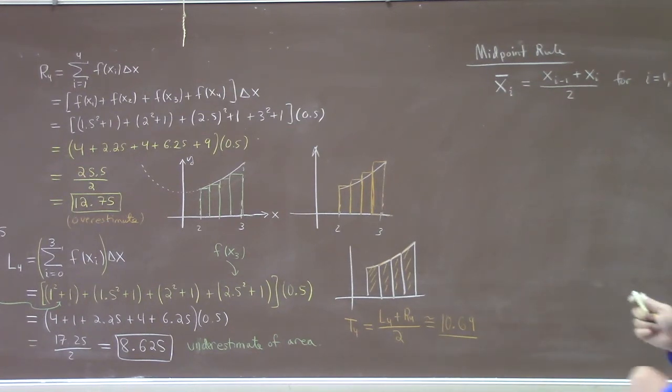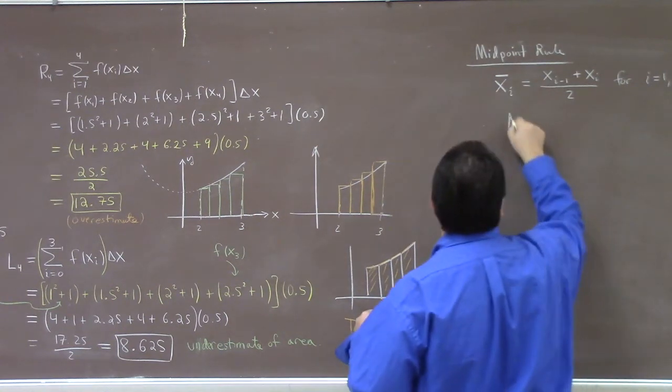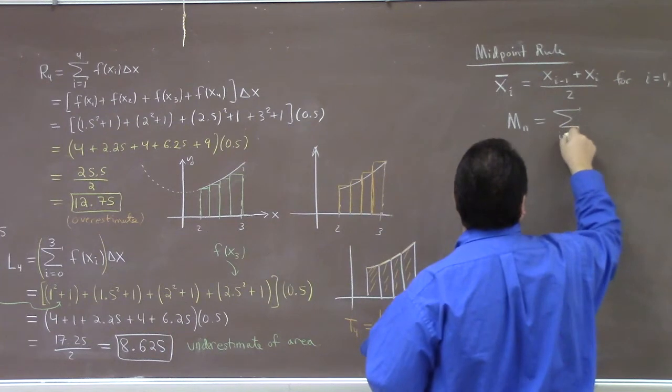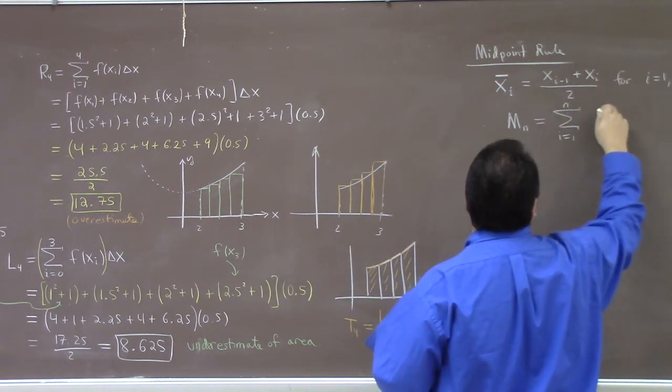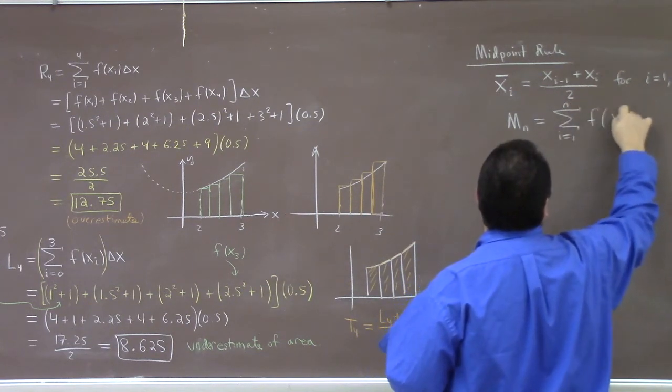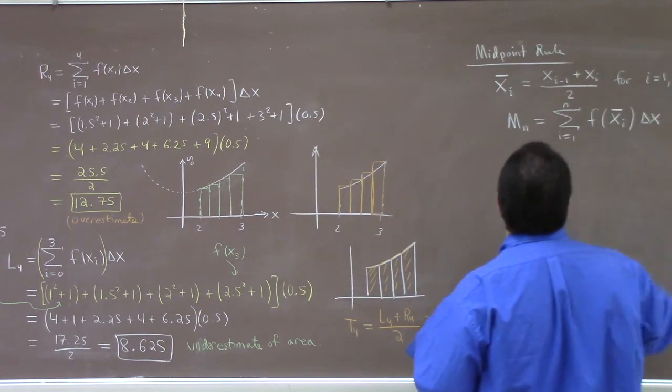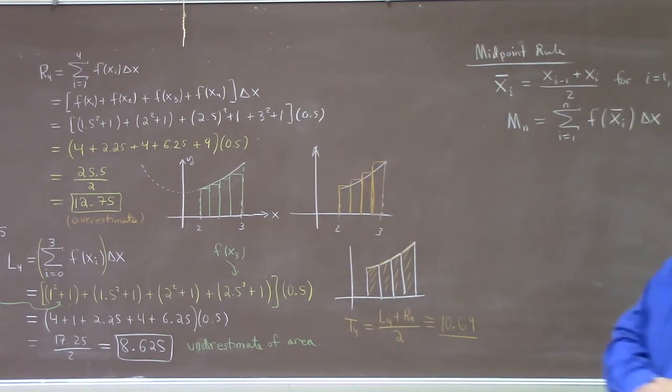The midpoint rule, also known as Mn, is the sum from i equals 1 to n of f of x bar sub i, that's the midpoint, times delta x. You just define the areas of your rectangles based on the height of the function at the midpoint.